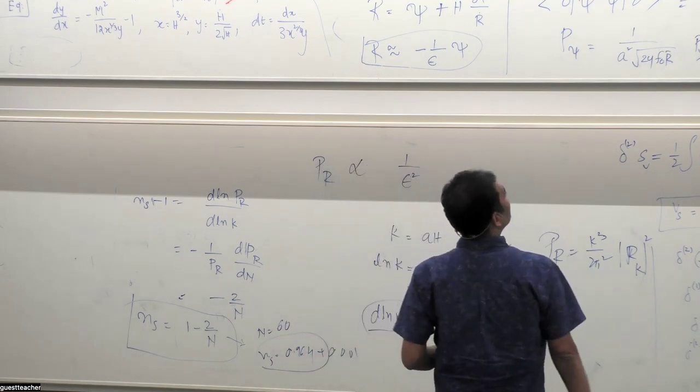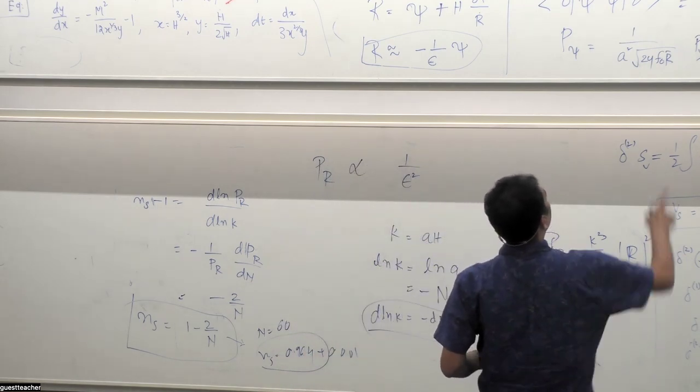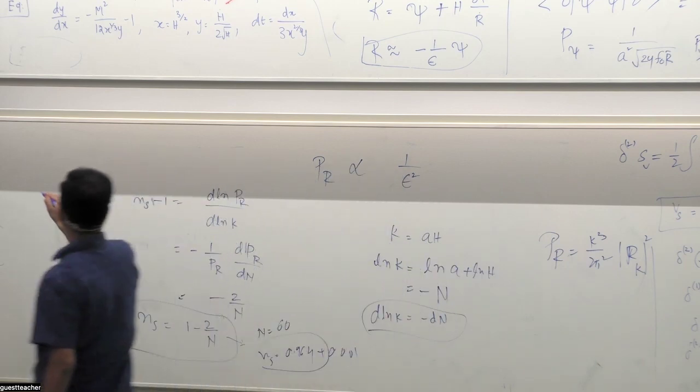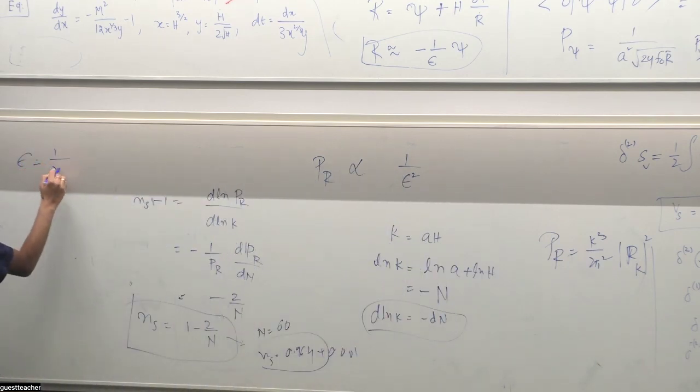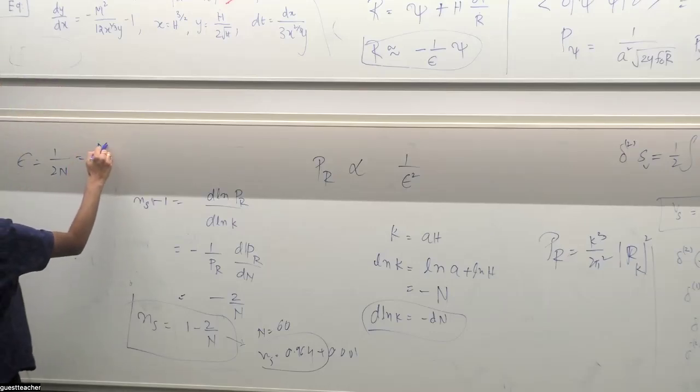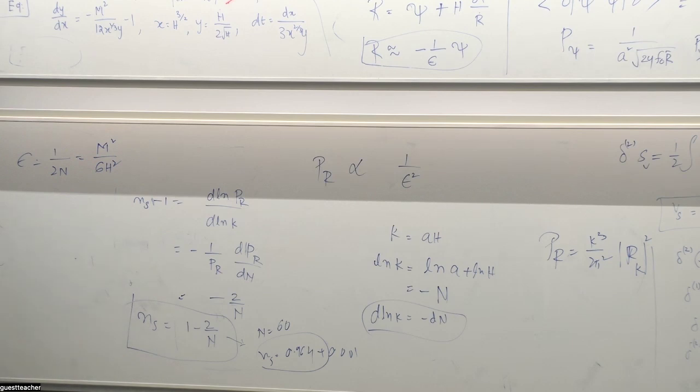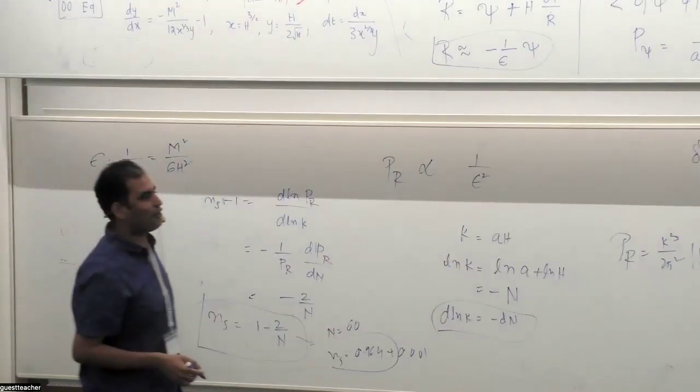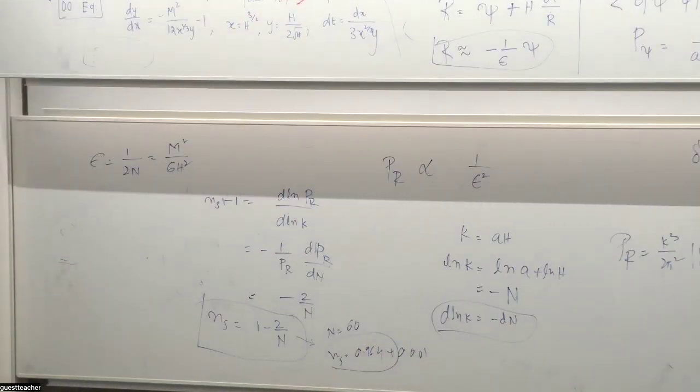And once you know 60 e-folds, you have epsilon, which is 1 over 2N. But if you go back to those formulas, it is m squared by 6H squared. So if the number of e-folds is given, you can determine epsilon, and indeed that's what gives you this tensor to scalar ratio.